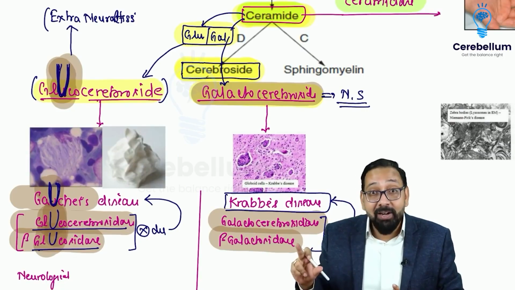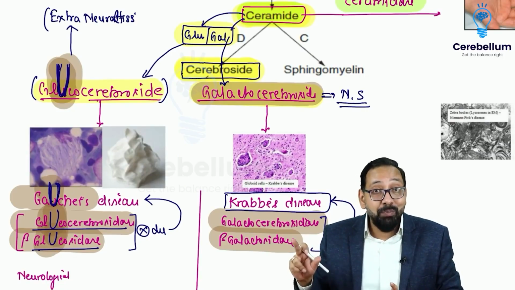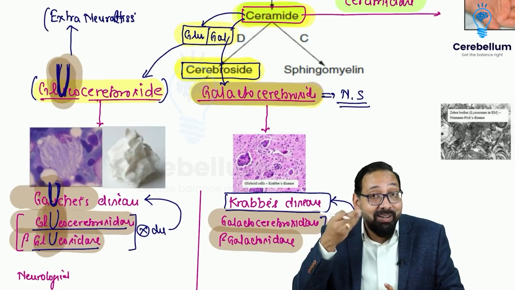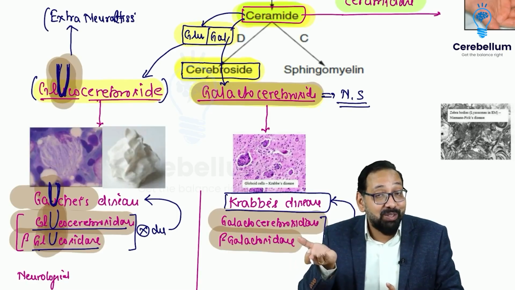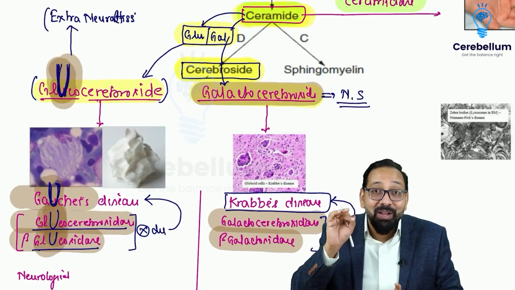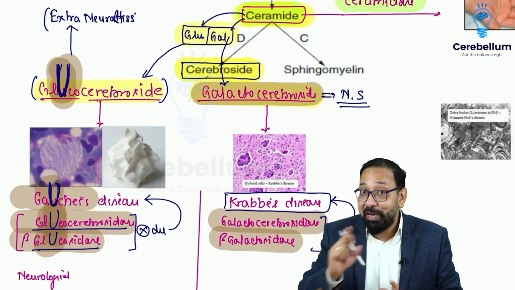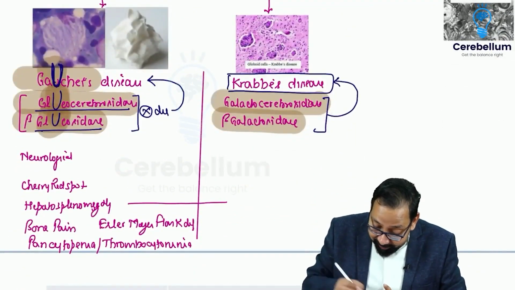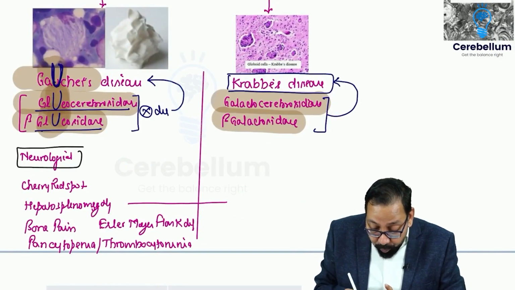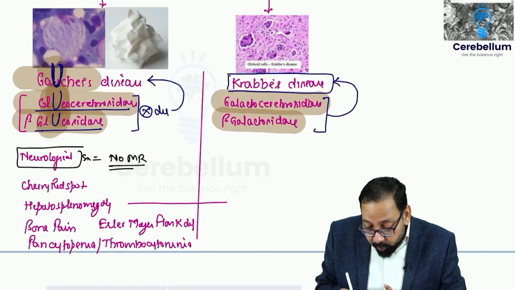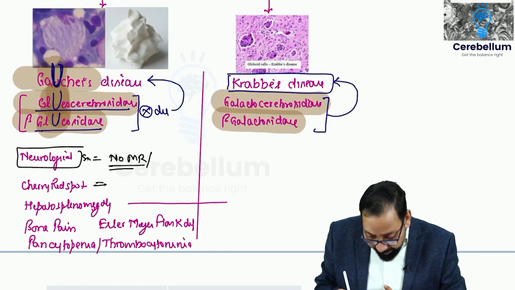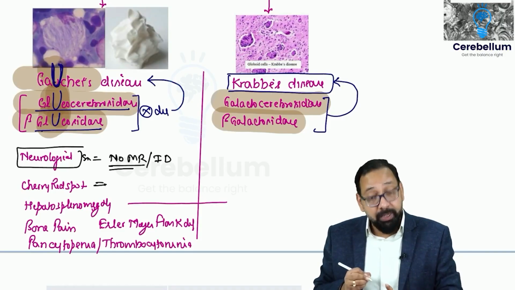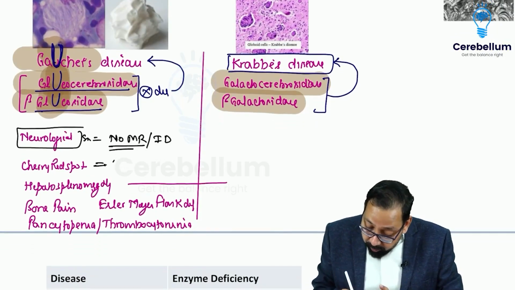So no mental retardation, no neurological symptom, and the retina you can consider as part of the nervous system. Neurons are there. So in the retina, cherry red spots are not there. So I can say that in this negative point, no neurological symptom means no mental retardation. No mental retardation is also called intellectual disability. Cherry red spot absent.